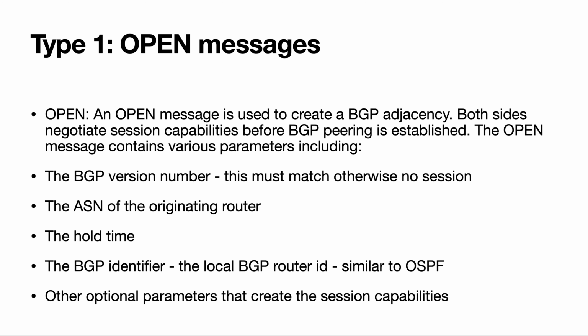The Open message is used to create a BGP adjacency. These session capabilities need to be negotiated before that BGP peering is established. The Open message contains parameters that include the BGP version number, ASN of the originator router, hold time, the BGP identifier, and other optional parameters.